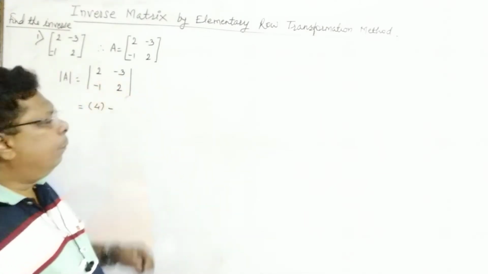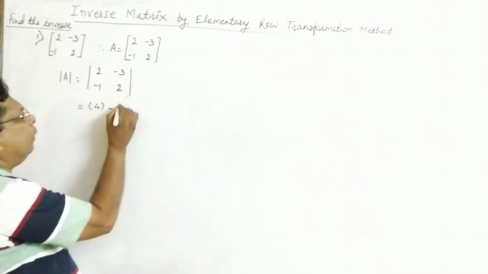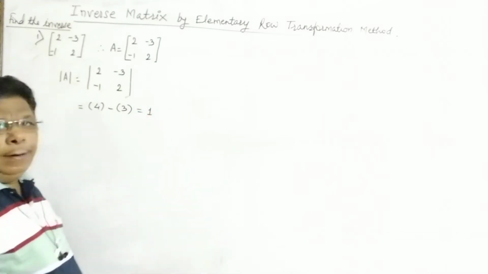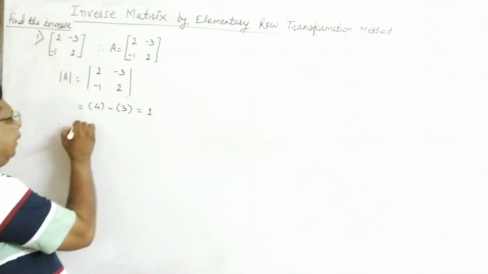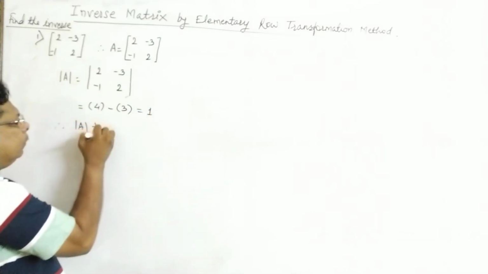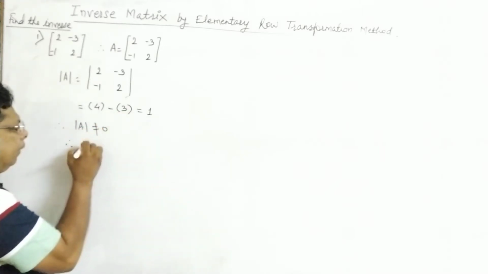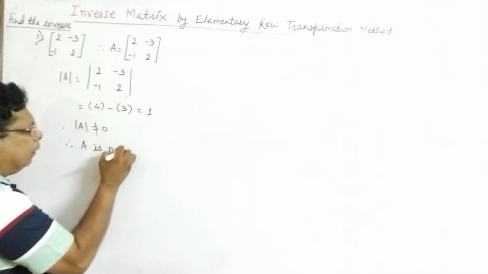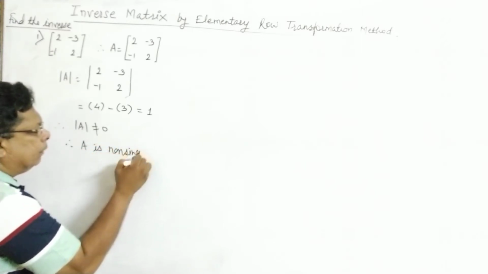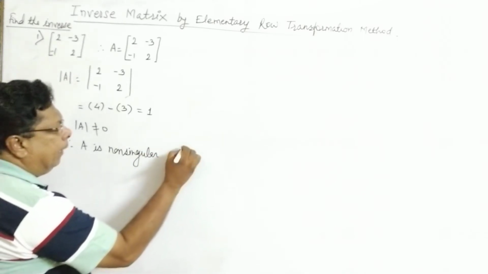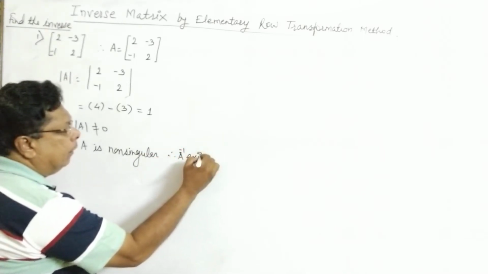Product of two negative numbers is positive. Minus 1 into minus 3 is 3. 4 minus 3 is 1. Determinant A is not equal to 0. 1 is not equal to 0. Therefore, A is a non-singular matrix. Therefore, A inverse exists.